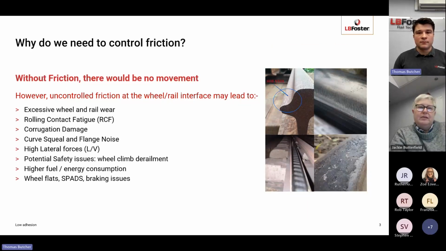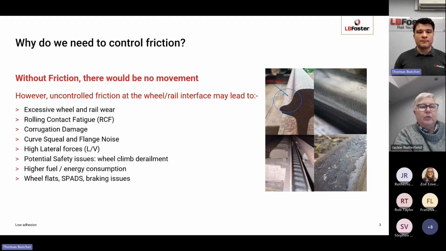As with all these webinars, why do we need to control friction in the first place? So friction is critical to the movement of train vehicles. Without friction, there would be no movement. However, uncontrolled friction at the wheel rail interface may lead to issues. Some of these issues we've already covered in previous webinars, such as wheel and rail wear and rolling contact fatigue, corrugation and noise.